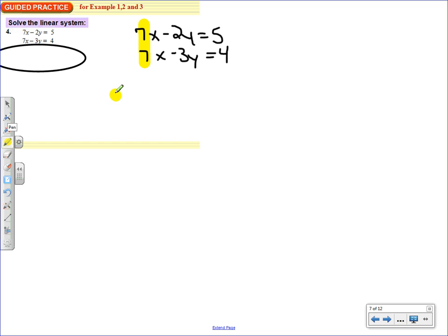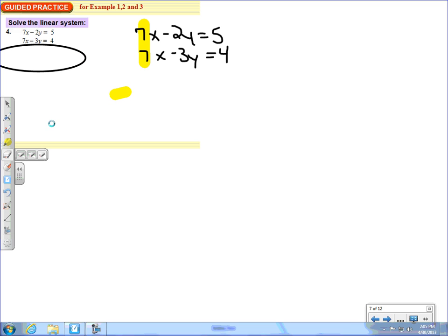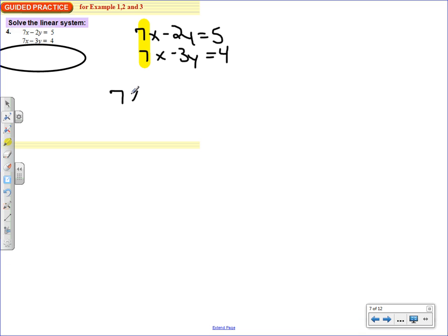My original top equation is staying the same. 7x minus 2y equals 5. Now I'm going to take the opposite of my second equation. The opposite of 7x would be negative 7x. The opposite of negative 3y would be plus 3y. The opposite of 4 would be negative 4.